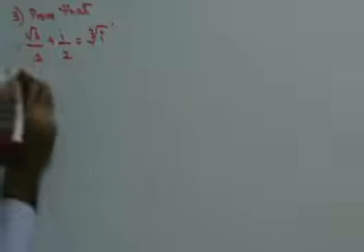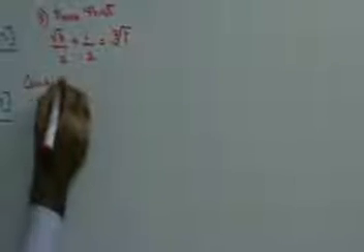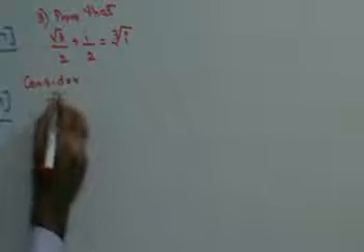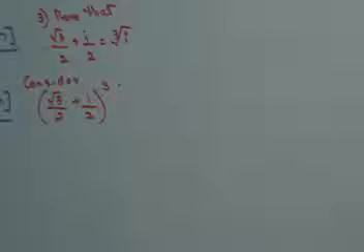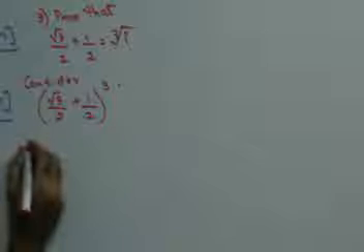Now, to get a cube root is rather difficult. So what we do is, we will assume or consider (root 3 upon 2 plus i upon 2) the whole cube. I'm taking the cube of LHS. I'm just trying to find out what is the value of cube of LHS.